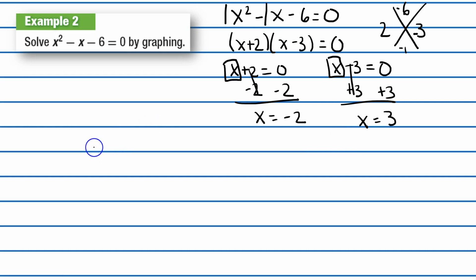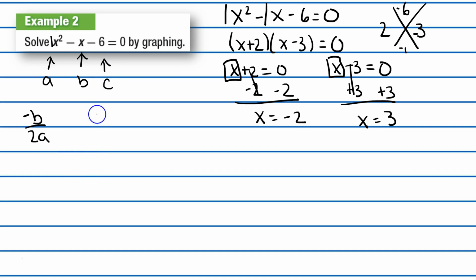So the next thing we want to do is actually find out what our vertex is. So we're going to use that formula, negative b divided by 2a. Well, a is 1, b is negative 1, and c is negative 6.